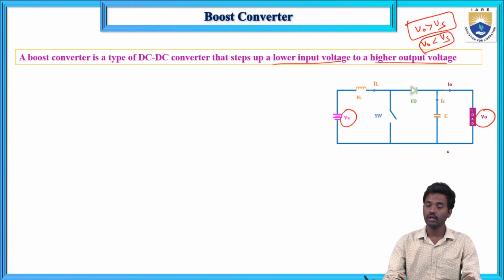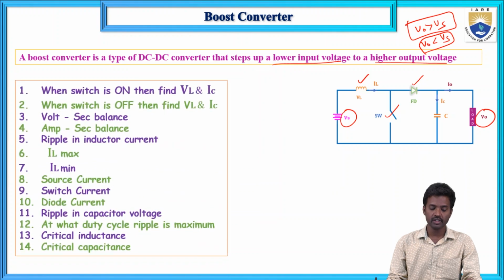The components used for this boost converter are one inductor, a switch, a freewheeling diode, and a capacitor. When the switch is on, that is closed, calculate the inductor voltage and the capacitor current. In the same way, when the switch is off, that is open circuit, we get VL off and IC off.